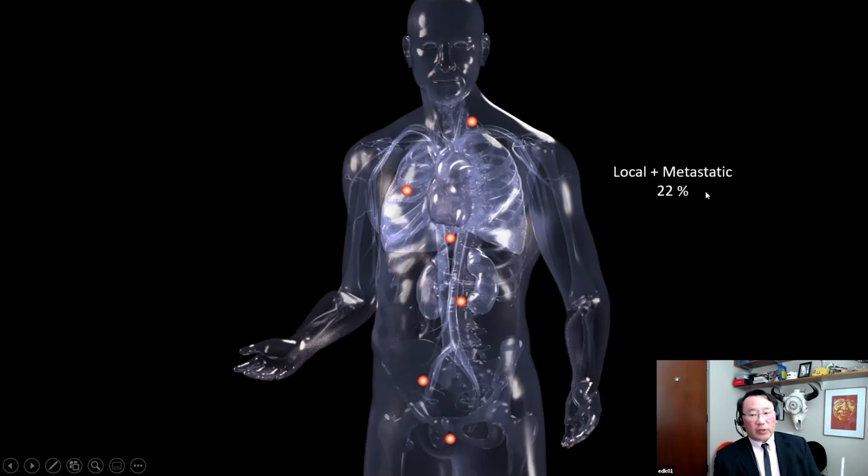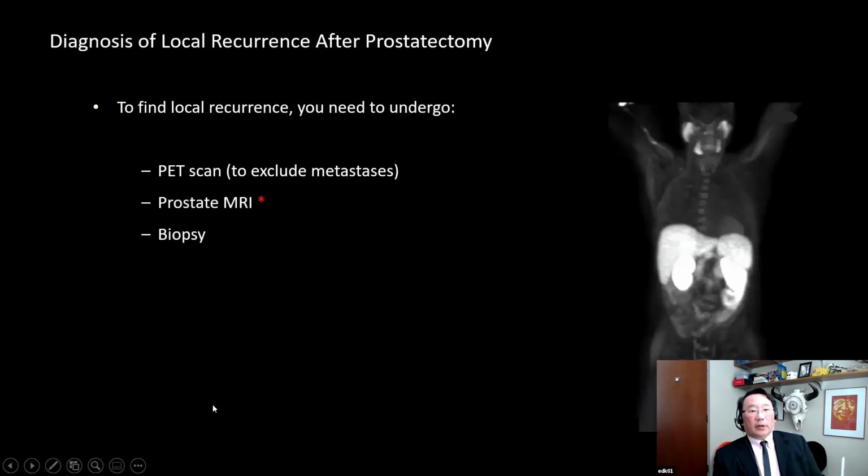Finally, 22% of patients that undergo surgery and PSA goes up will have both local as well as metastatic recurrence of disease. To diagnose local recurrence after prostatectomy, you have to undergo a PET scan to rule out metastasis, MRI, and a biopsy.